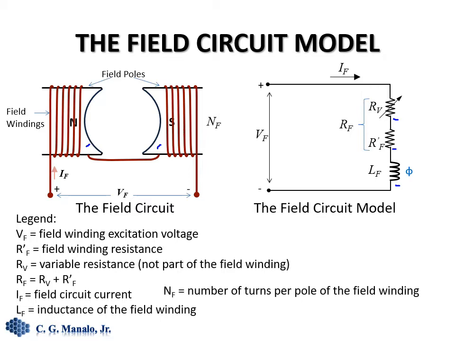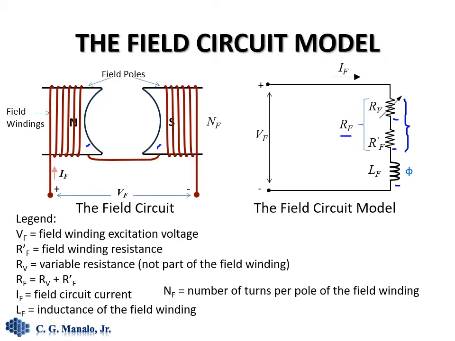Therefore, the series combination of these two is the total resistance of the field circuit, which we usually label as R sub F. This field circuit is normally excited by a voltage.